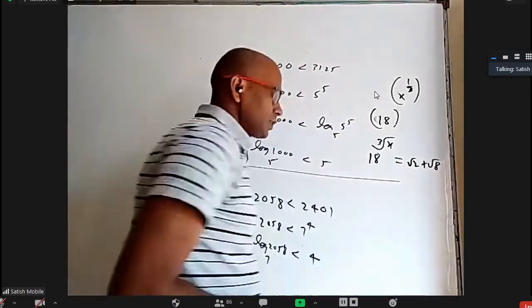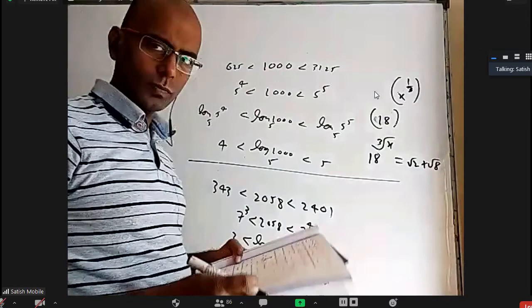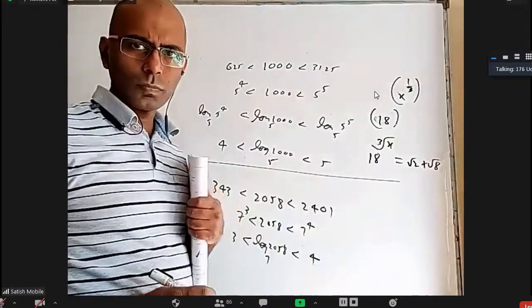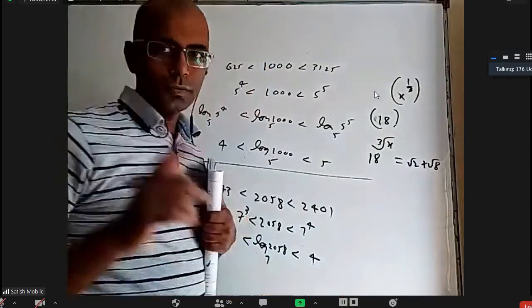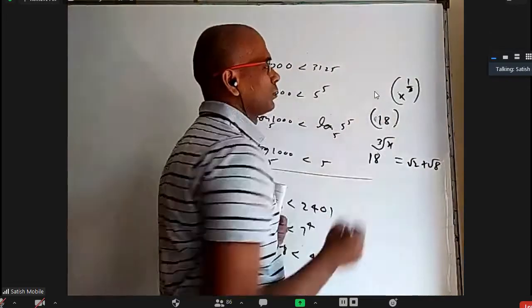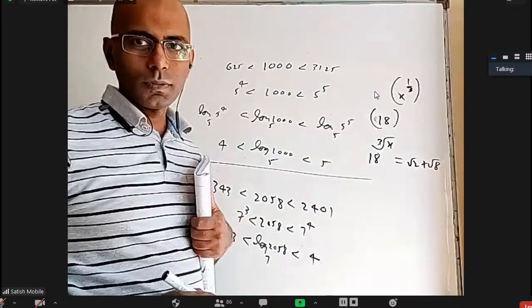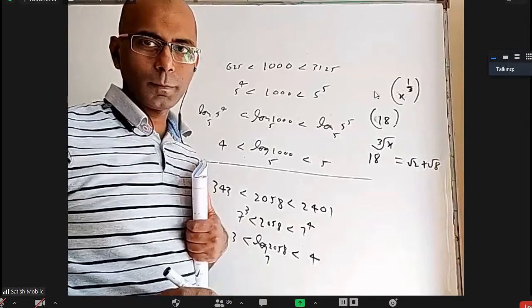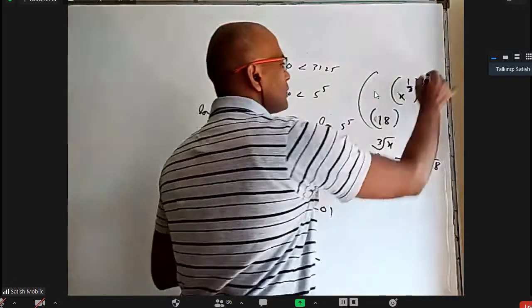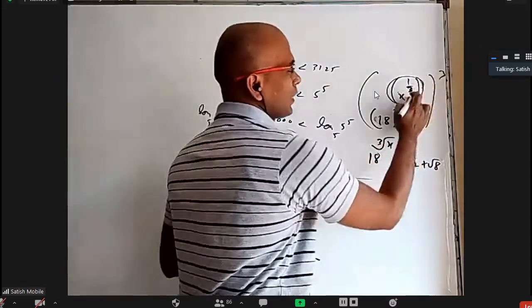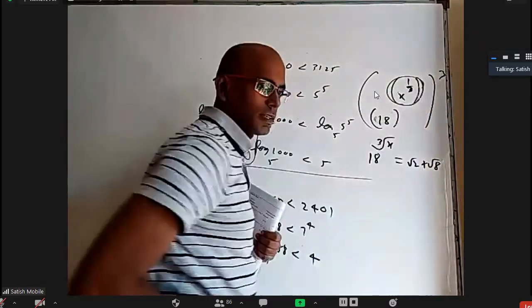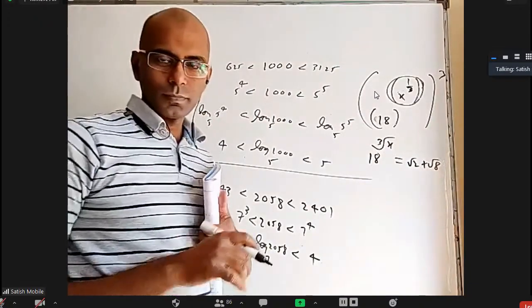Now tell what you want to propose. We can cube on both sides, sir, and cancel 1 by 3. No, when you cube it, 1 by 3 will not go. That is a mistake. When you cube, this whole thing is m. A power m whole power n, you have to multiply these two powers, not those powers.